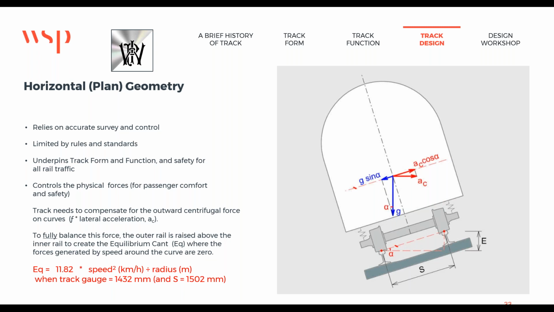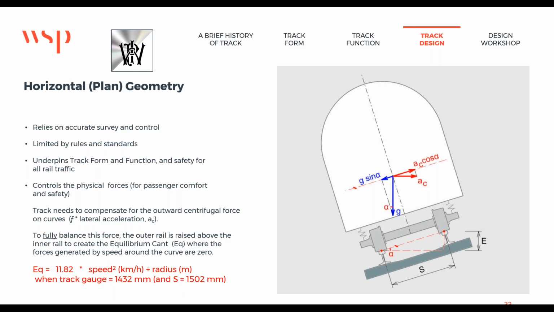To fully balance centrifugal forces, that's the outward throw as you go around a curve at speed, the outer rail is raised above the inner rail to create the equilibrium cant, or EQ, when the forces generated by speed around the curve are 0. So let me explain what I just said there.